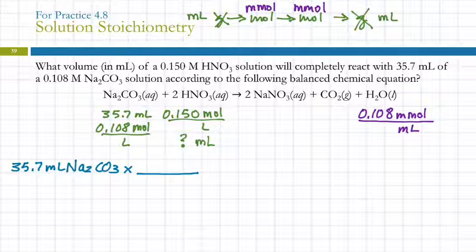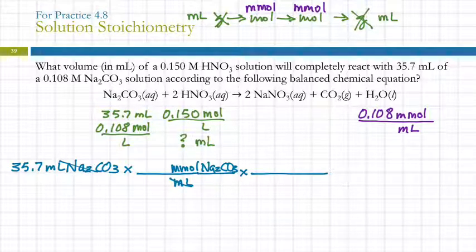Next, I'm going to go to millimoles, and I'm going to have milliliters in the denominator. And that's millimoles of sodium carbonate. And then I'm going to go to millimoles. Oh, actually, I can move that over. Millimoles of the nitric acid.